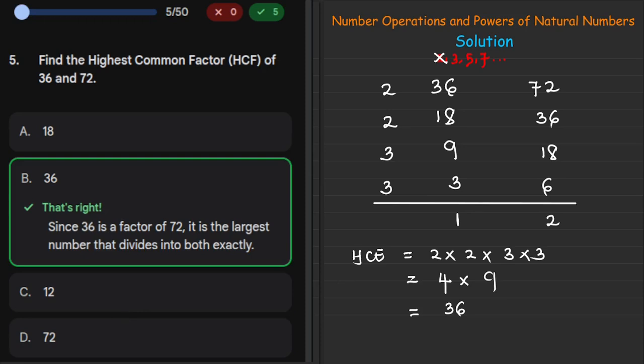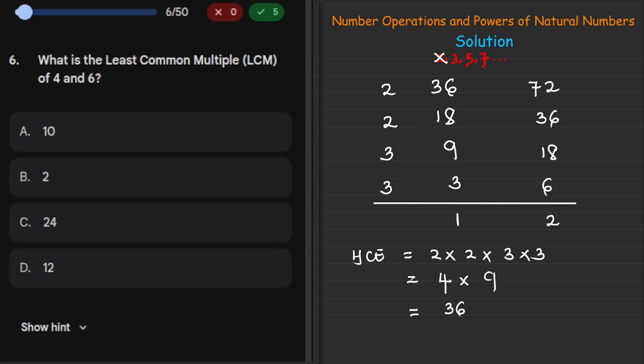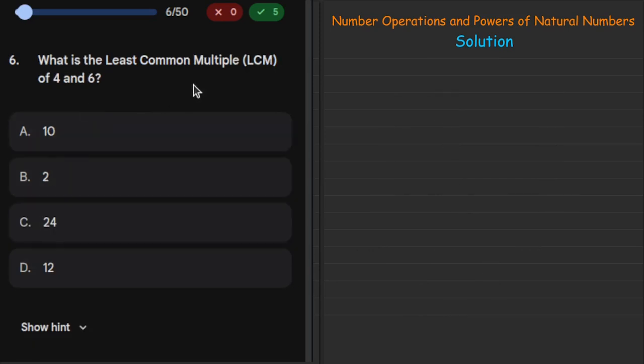Question number 6. It says, what is the least common multiple of 4 and 6? If you want the least common multiple, there's one simple method we even use from elementary school. If you have your 4, all you need to do is to list out the multiples of 4.